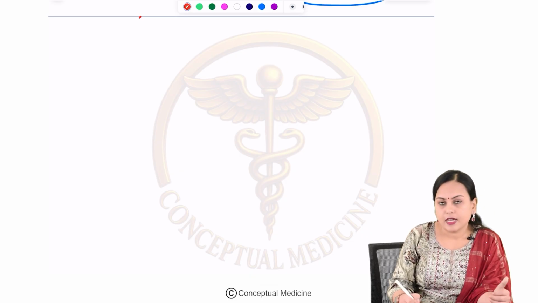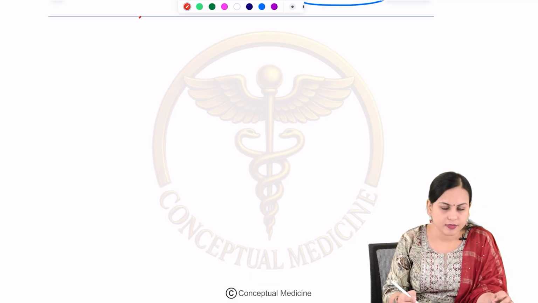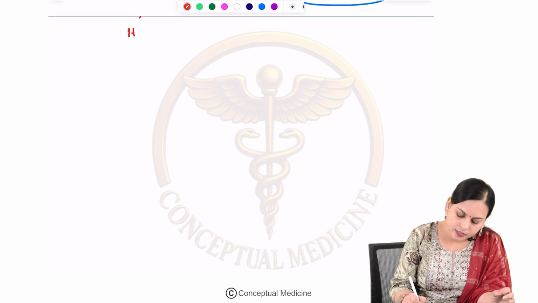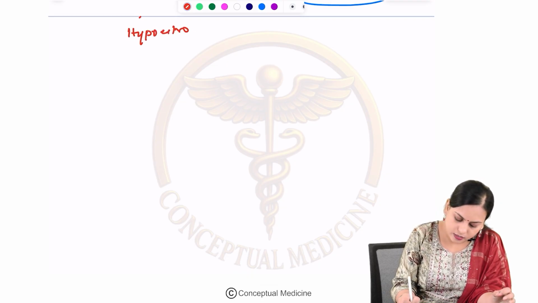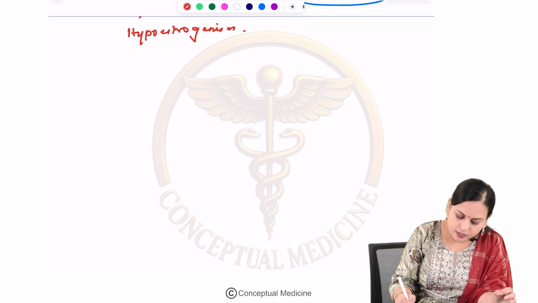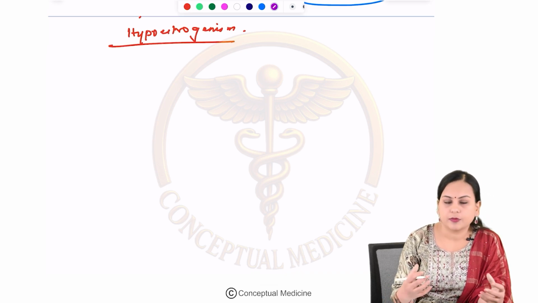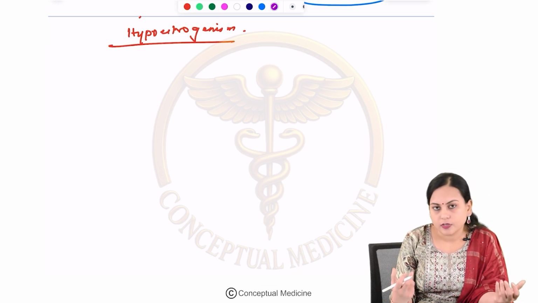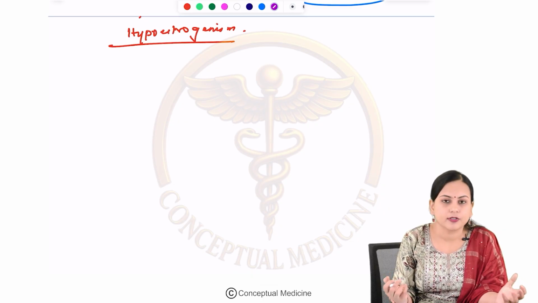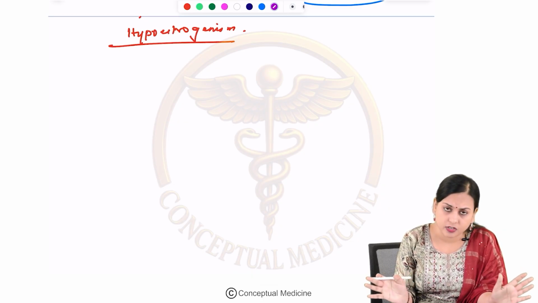Next one is, see, we can even have a state of hypoestrogenism after delivery. I just want you to add this. So, what happens is, after removal of the placenta, the hormones that are produced by the placenta are going to reduce, and that is going to result in a state of hypoestrogenism, right.